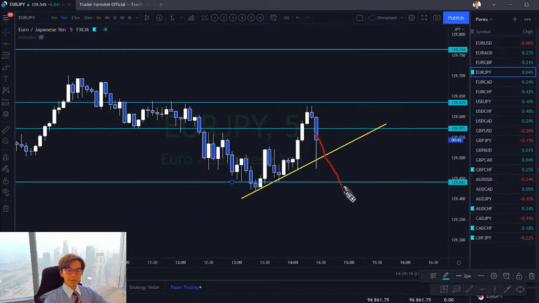If it breaks that level, then you have to exit. But as long as the market is above that level, it should be consecutive N wave, higher low and higher high, and the market can possibly go up continuously in this direction. So we monitor this chart until the end of this live stream today and see what happens.